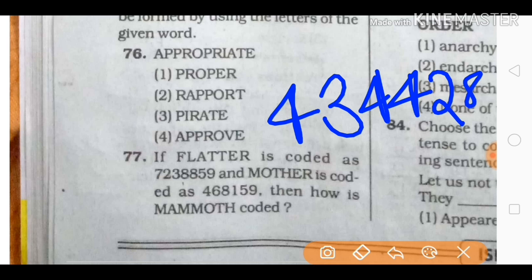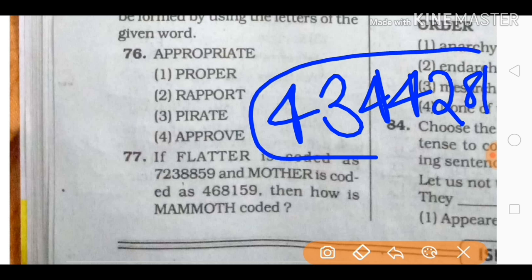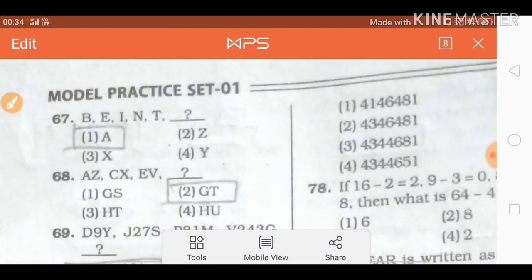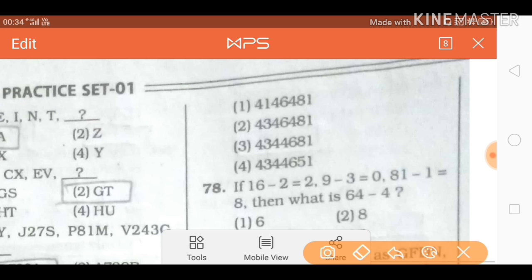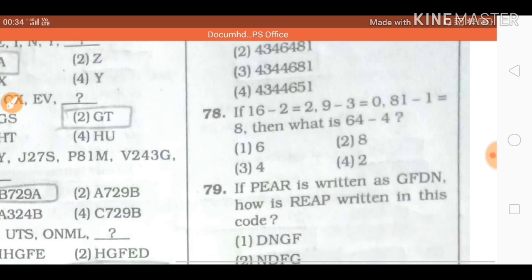And H is your what? 1. 4 3 4 4 2 8 1 is your answer, right? 4 3 4 4. Just check the answer. 4 3 4 4 6. This is your answer, right? So this is the way you can do it, right?